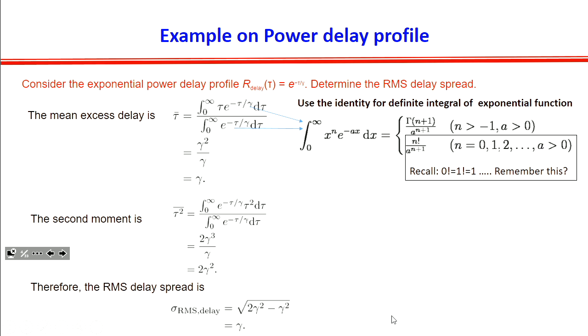So sigma RMS delay is from this famous equation where we have the mean squared value, the second moment, minus the mean excess delay whole squared, right? For the exponentially decaying power delay profile with e to the power of minus tau by gamma, we ended up with gamma being the RMS delay spread.